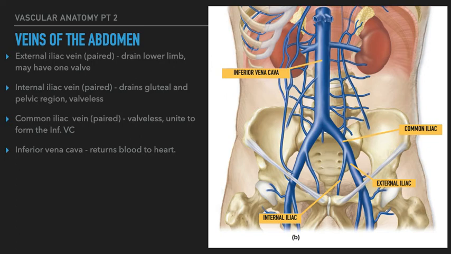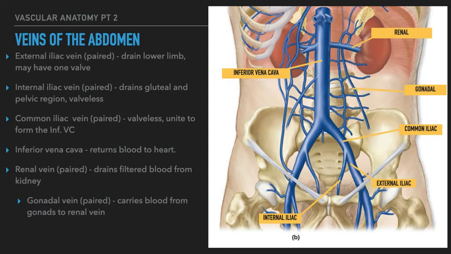So other veins that drain into the inferior vena cava include the renal veins that drain the kidney. They carry the blood that's been filtered by the kidney. You have the gonadal vein. It carries blood away from the testes or ovaries, and it's going to merge into the renal vein before the renal vein drains into the inferior vena cava.